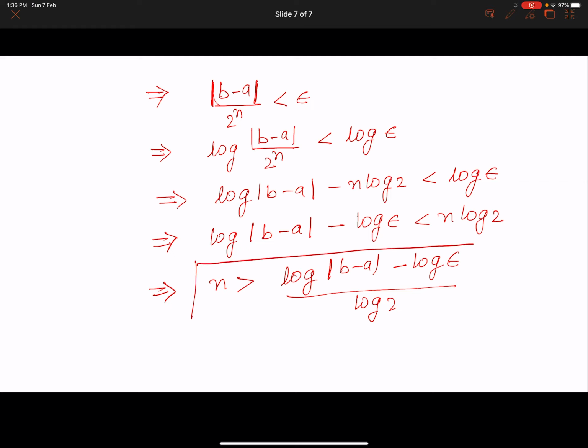So if we need the accuracy of epsilon, then n should be greater than this term.